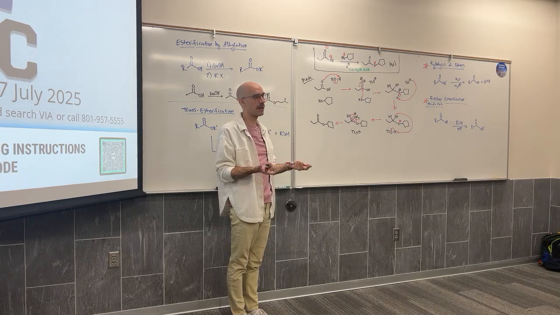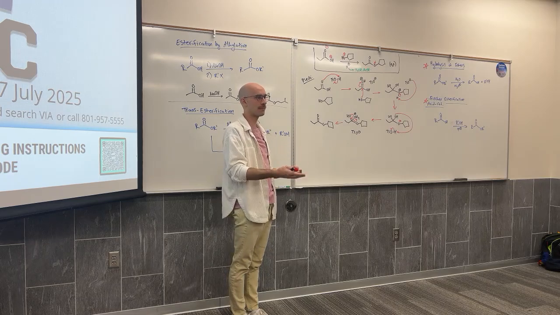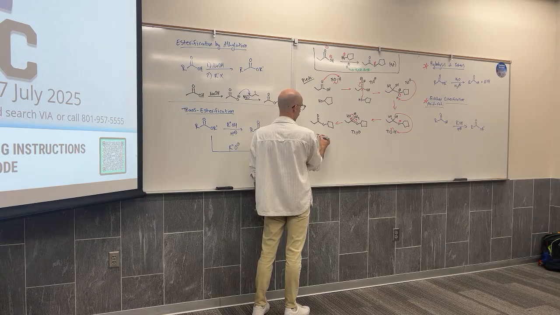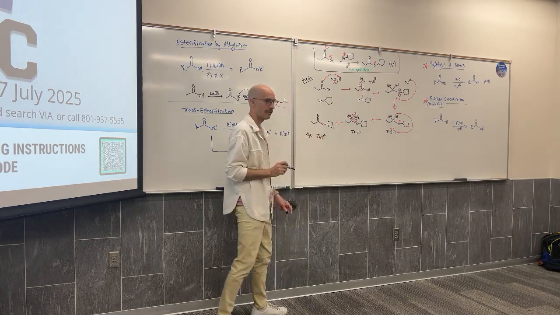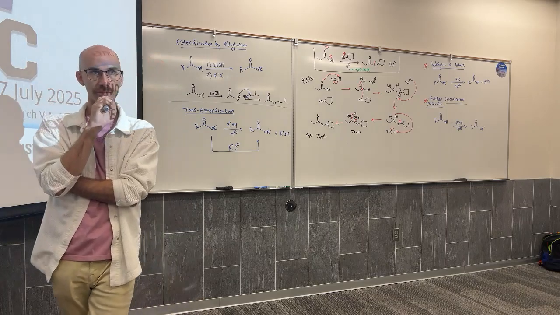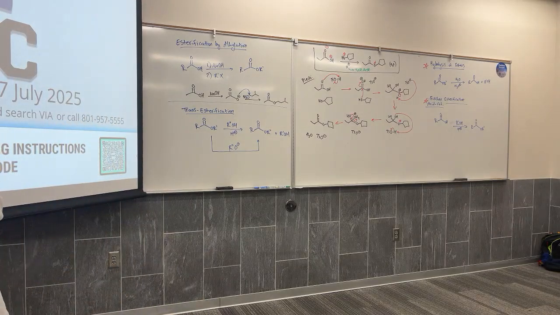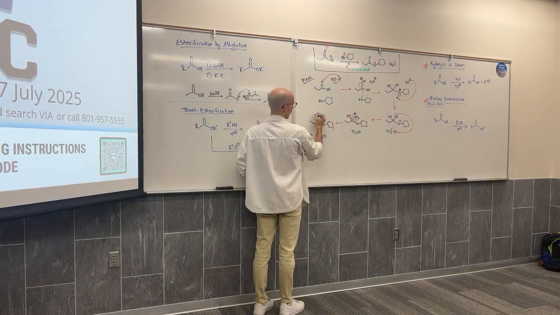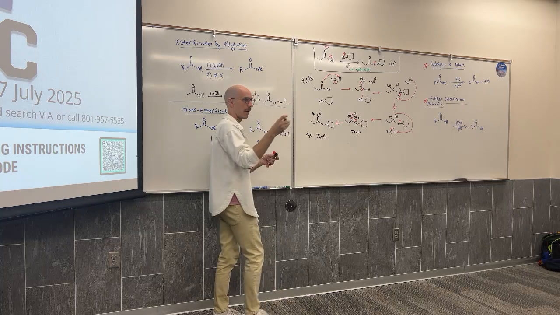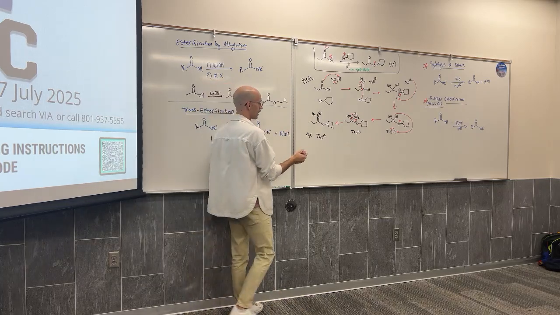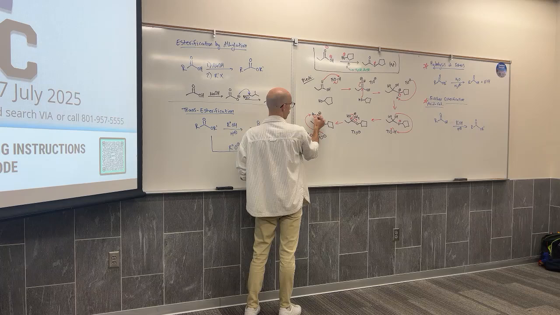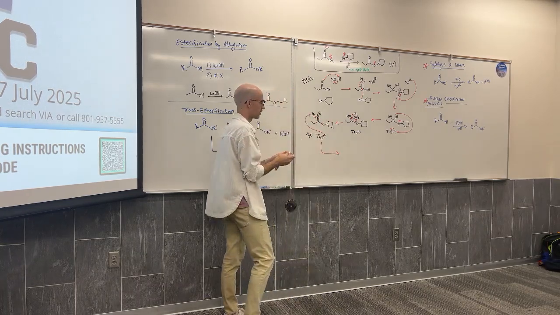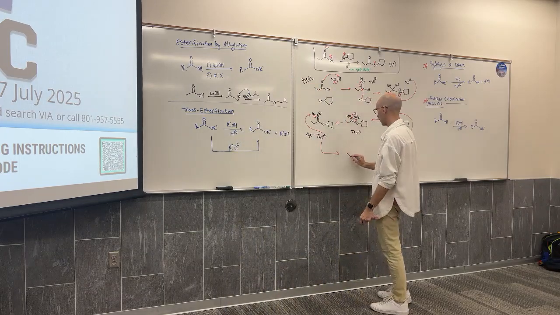But only one of them makes the most sense for our mechanism because it sets us up for our final step. I've just kicked off water. I still have TsO-, and what else am I missing? A hydrogen where? The newly formed carbonyl still has a hydrogen attached, and now a positive charge. So TsO- acts as my conjugate base, gives the electrons back to the carbonyl oxygen. Bada bing, bada boom.